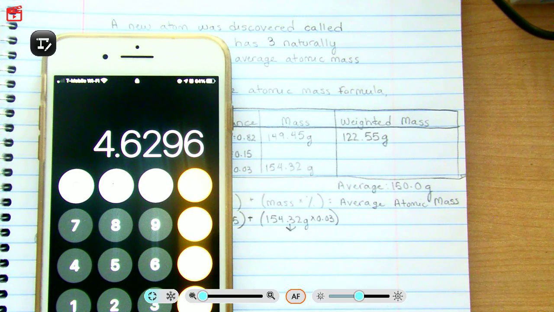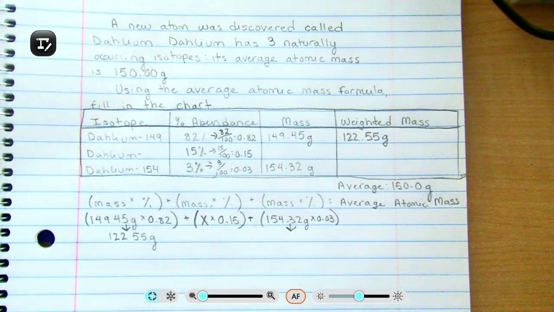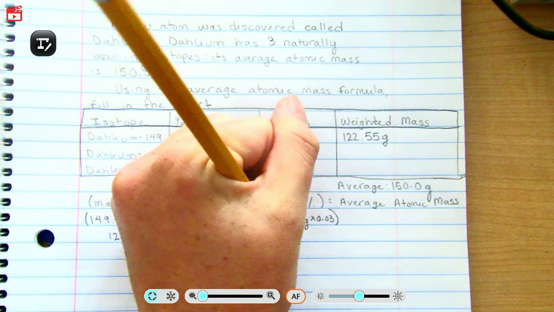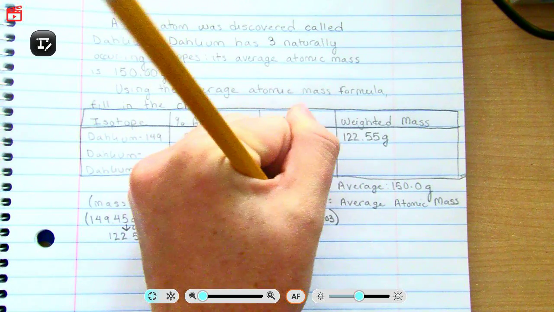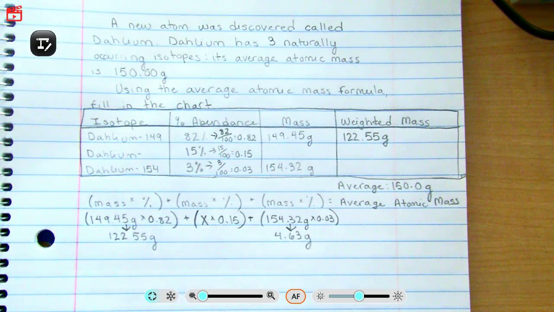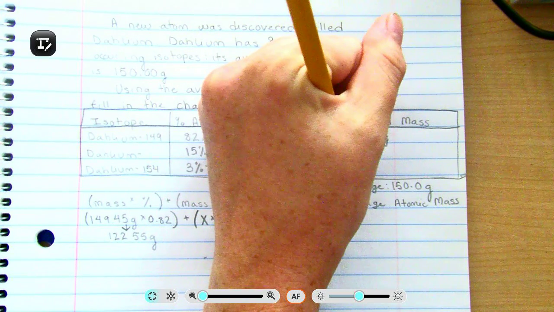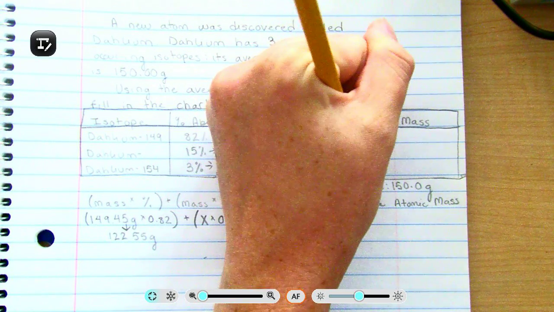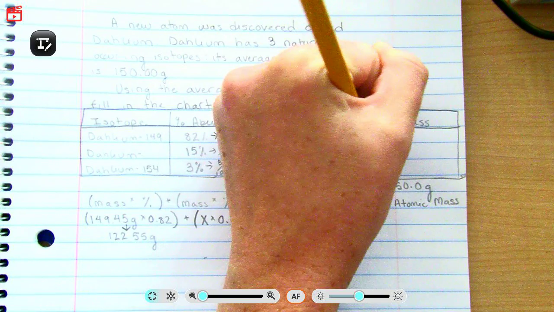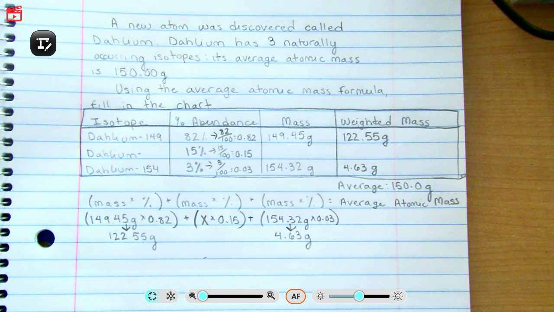Since we're going to keep this to the second decimal, we're going to round this to 4.63 grams. And then we're going to put it in our weighted mass of 4.63 grams.